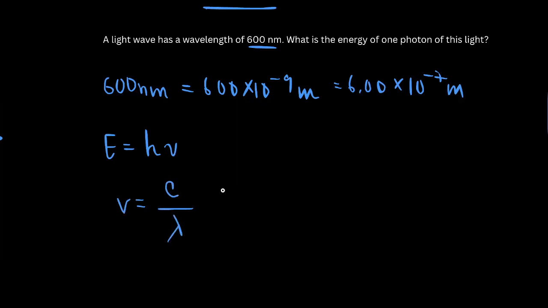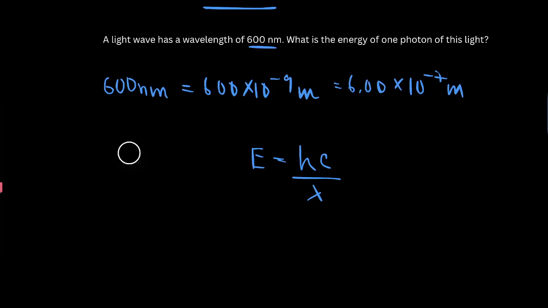Or if you remember, we could also simply approach this problem by substituting this in, by doing this. So either way is acceptable. In this case, let's do this. We can derive this formula, so let's use this one.